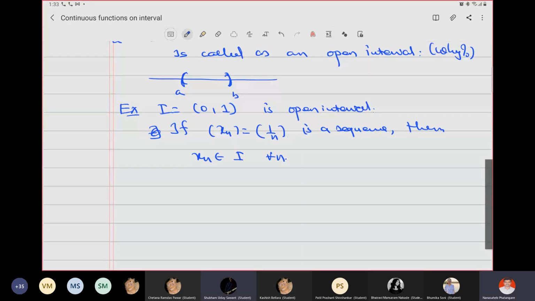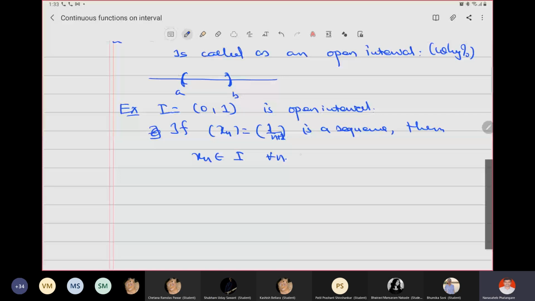Do you understand? But 1 is also included. Okay, forget about 1. Let us take n plus 1. xn is equal to 1 upon n plus 1. Is it in I for all n? Yes, sir. Right.